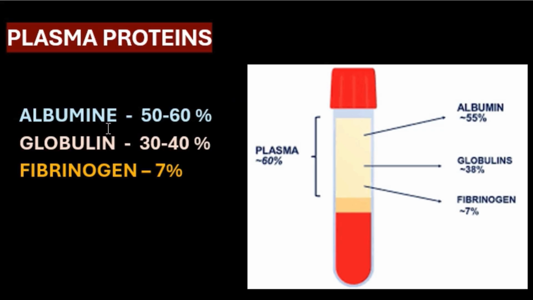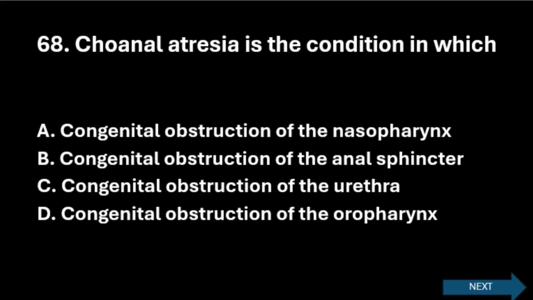Albumin consists of 50 to 60%, globulin is 30 to 40%, and fibrinogen is less than 7%. You see here, albumin 55, globulin 38, and fibrinogen 7. The top portion is plasma, and here are the blood corpuscles or blood cells. Next question. Choanal atresia and recognition.